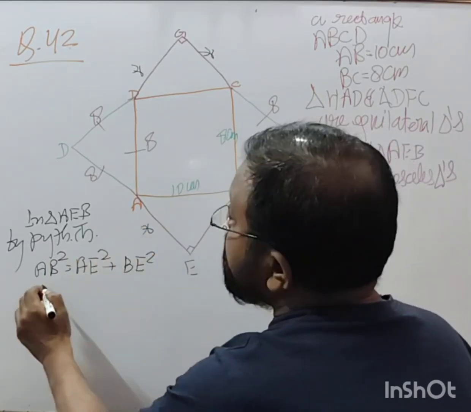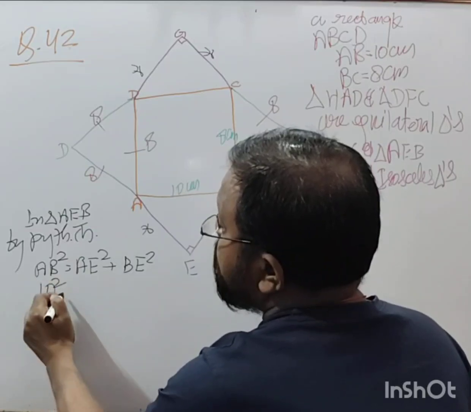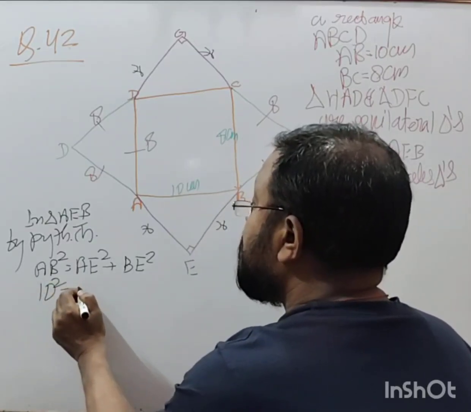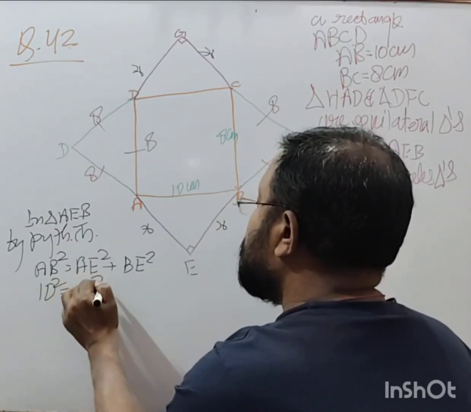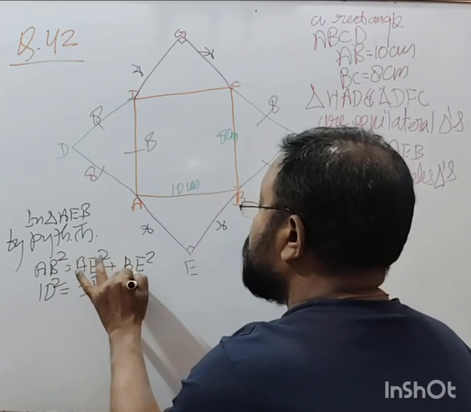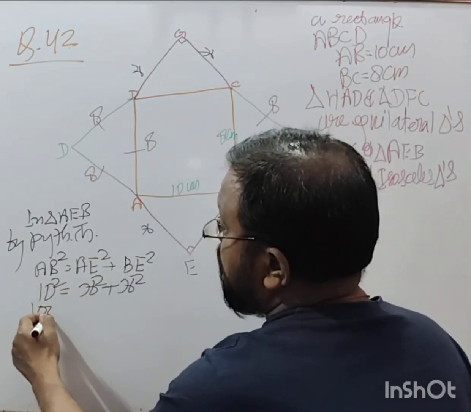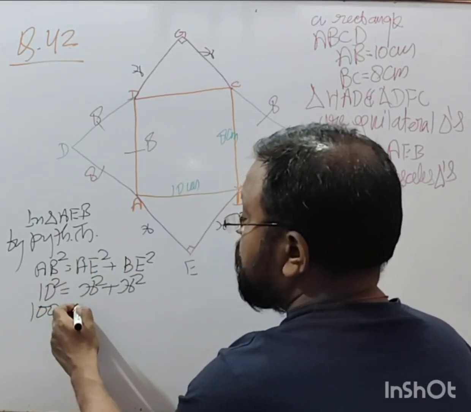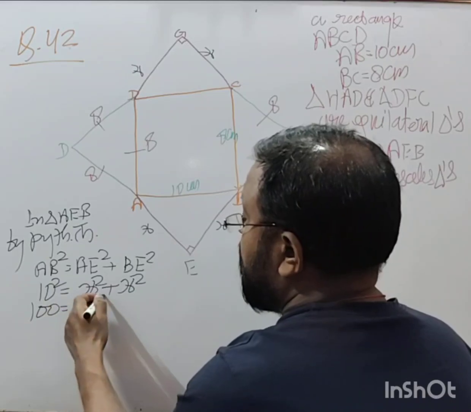So AB is 10, 10 square is equal to x square plus x square. It becomes 100 is equal to 2x square.